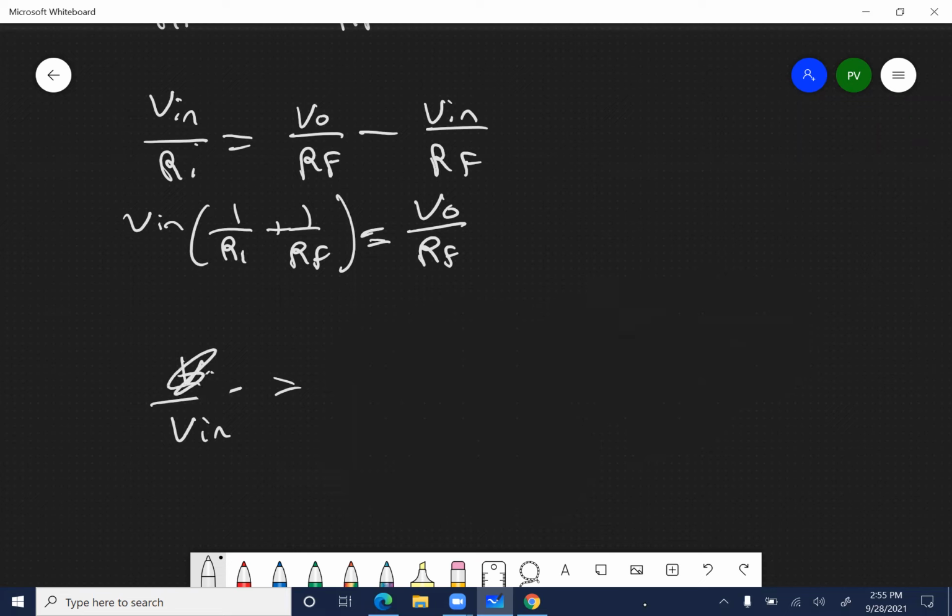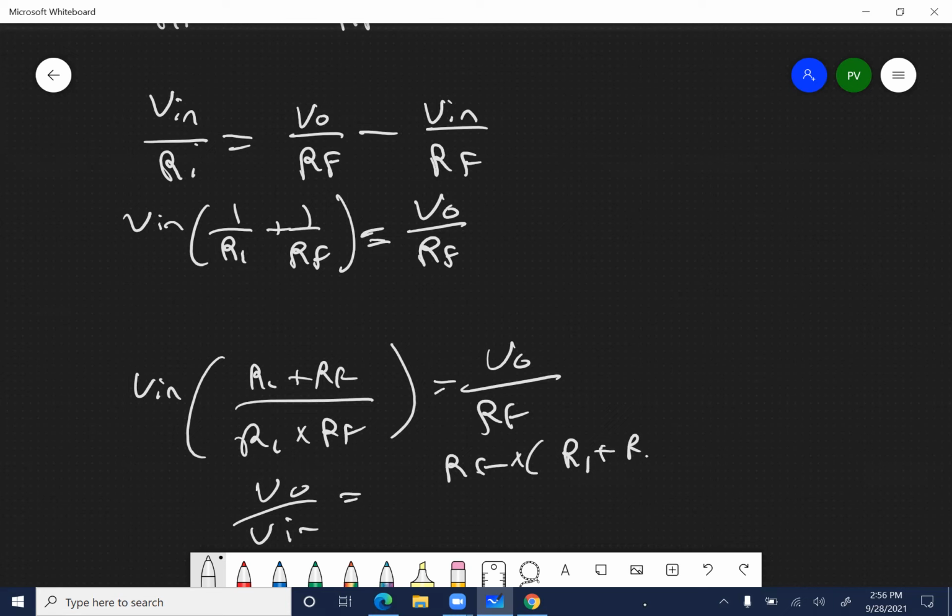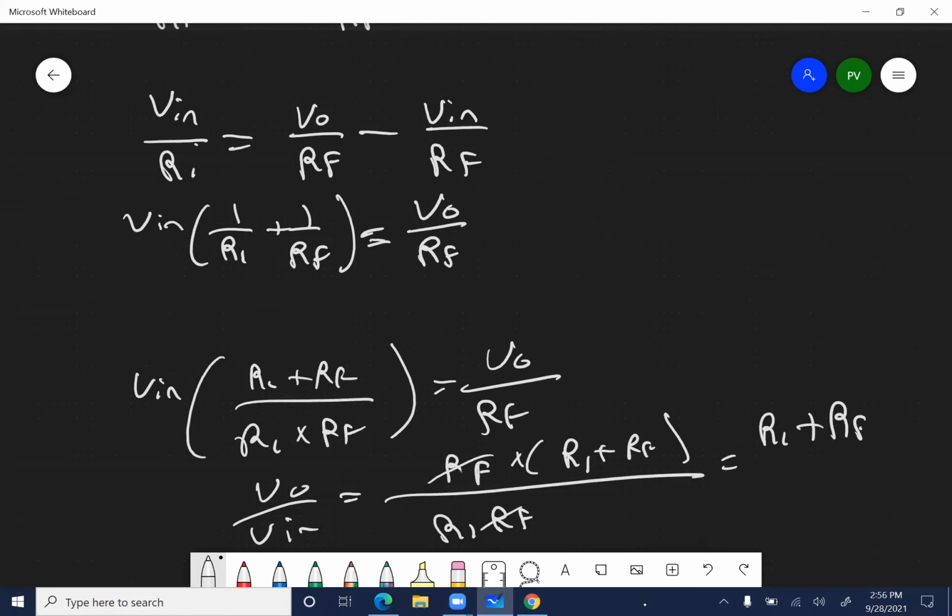So then V out over V_in is equal to R_F times (R_i plus R_F) over (R_i times R_F). I'll cancel an R_F and then I end up with (R_i plus R_F) over R_i, which is equal to 1 plus R_F over R_i.